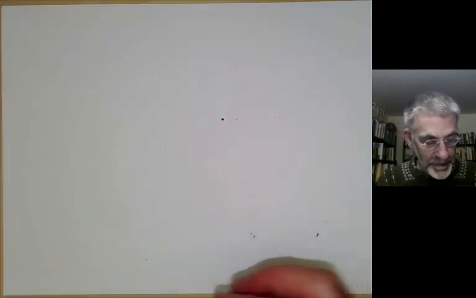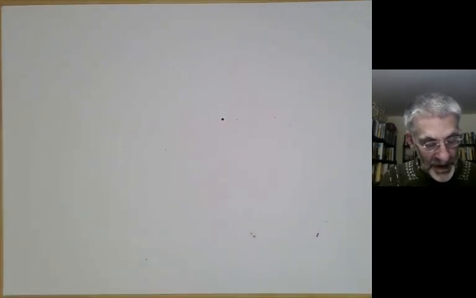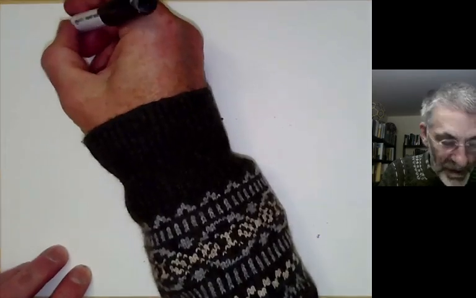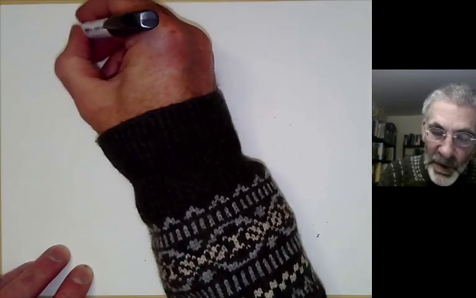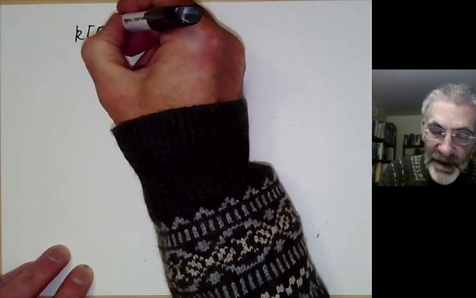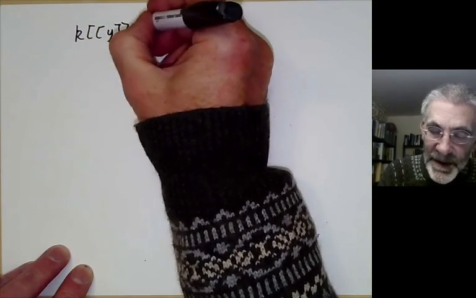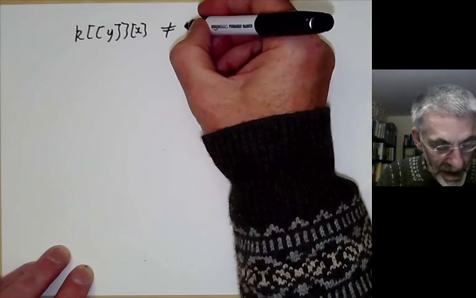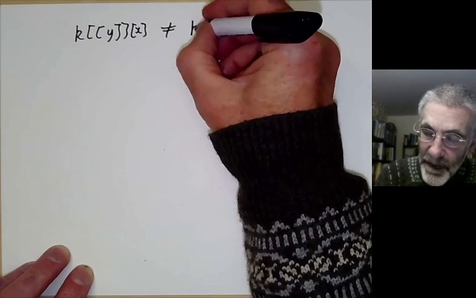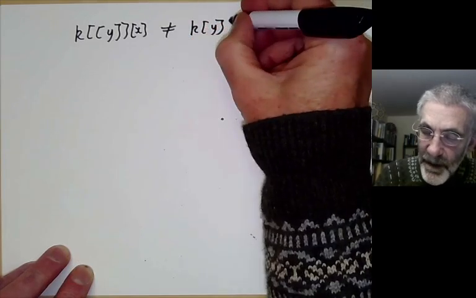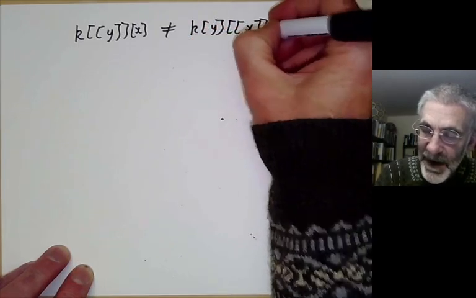Another thing you must be careful about is do not confuse the polynomial ring k[y] with coefficients in x with the ring of polynomials in y followed by power series in x.